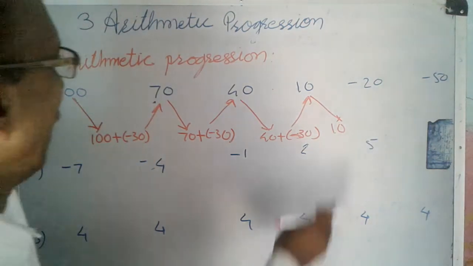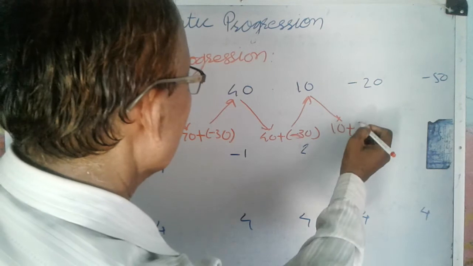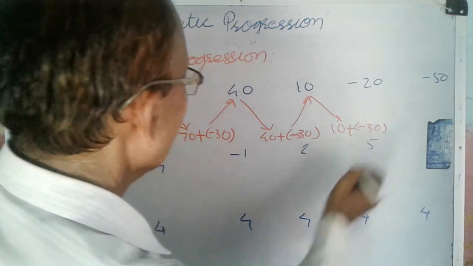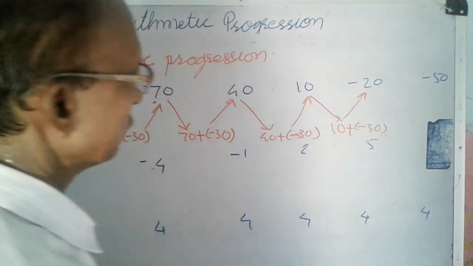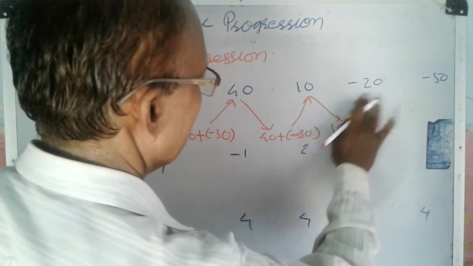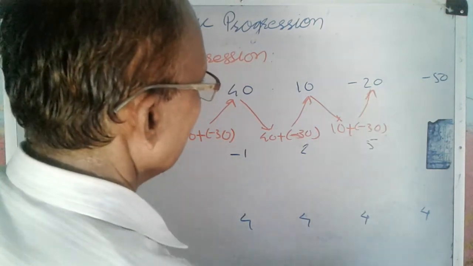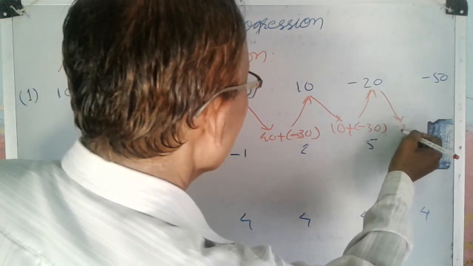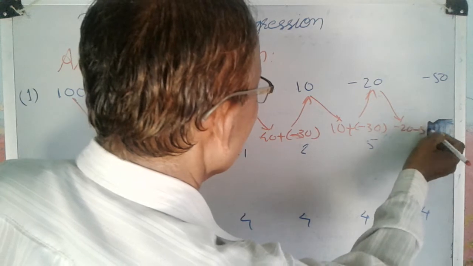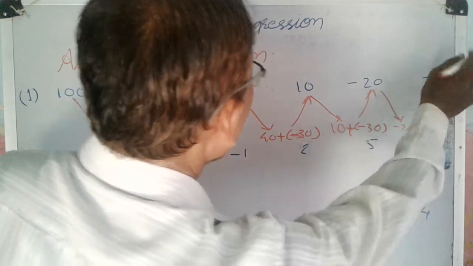Again if we add minus 30, that means minus 30 plus 10, we get minus 20. Again if we add minus 30, so here we get minus 50.